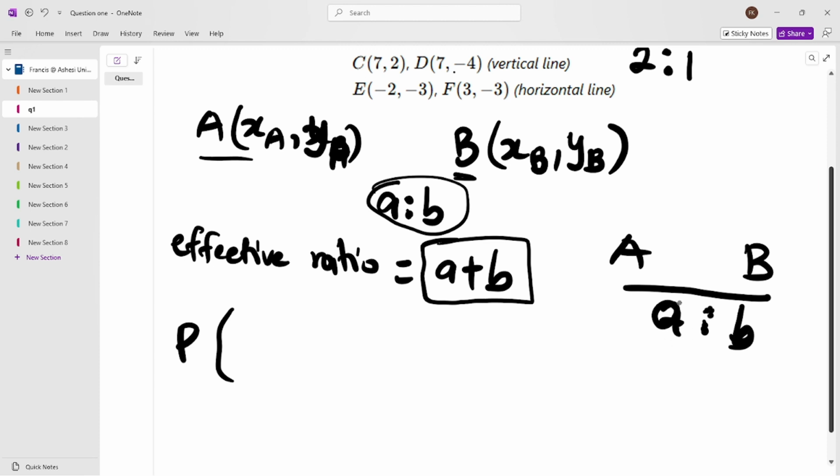For each coordinate, you use the A to multiply the coordinate of B, and use the B to multiply the coordinate of A. That's how it works.